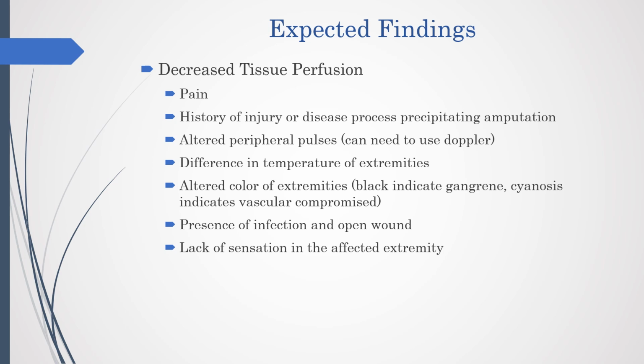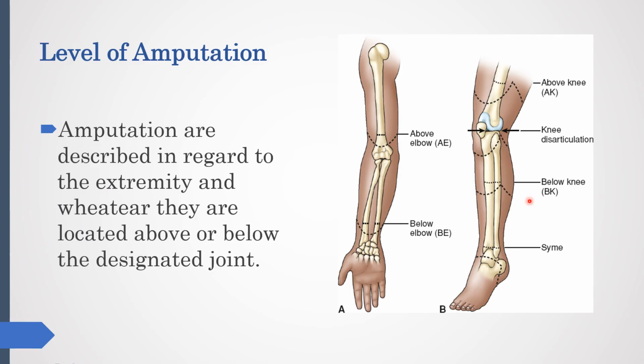The presence of any infection or an open wound that is not healed after a while is also a sign for amputation. Lack of sensation in the affected extremity is another tissue perfusion issue that will require amputation in some cases.